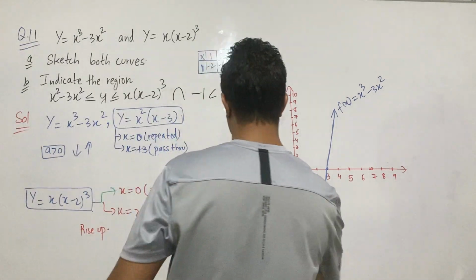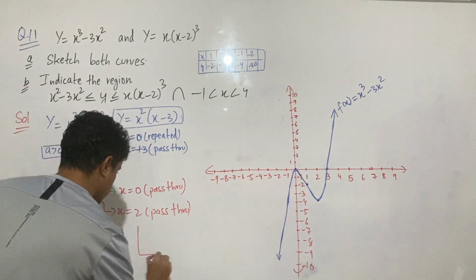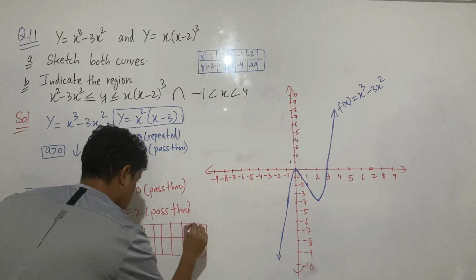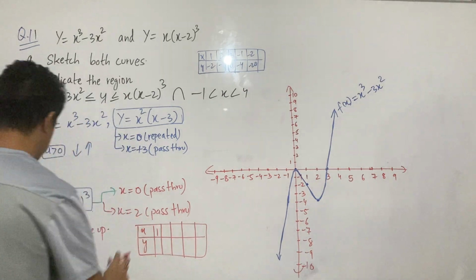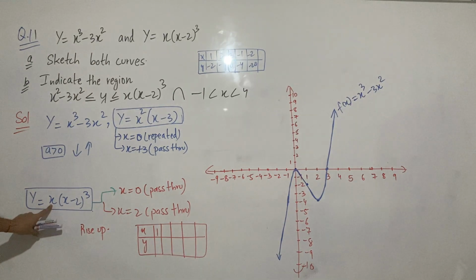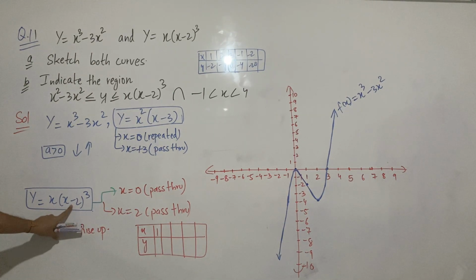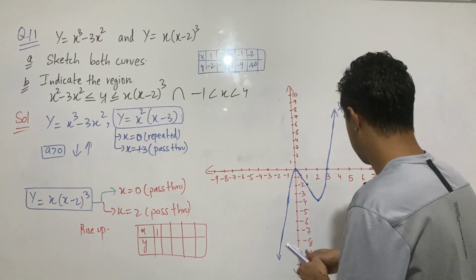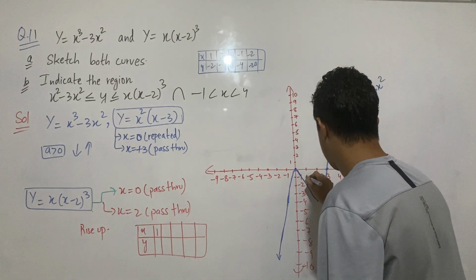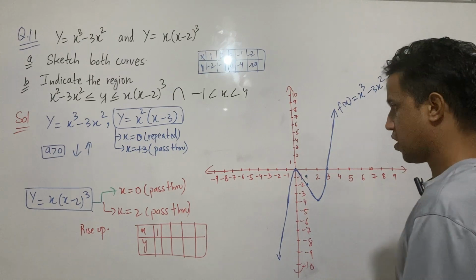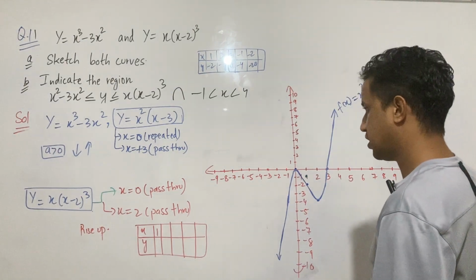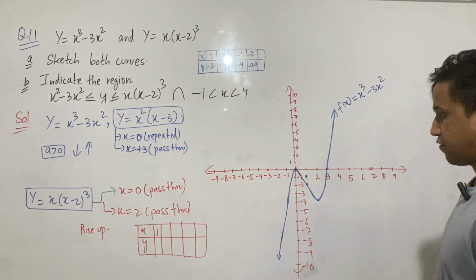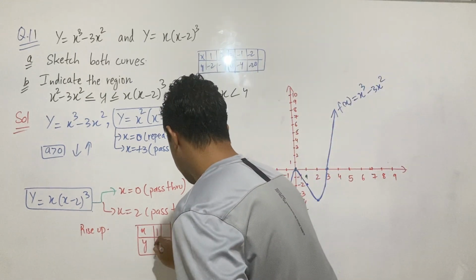Okay, so let's make the table of x and y. For x equals 1, it's going to be minus 1. For 0, it's going to be 0, right? And for 1, it's going to be minus 1.